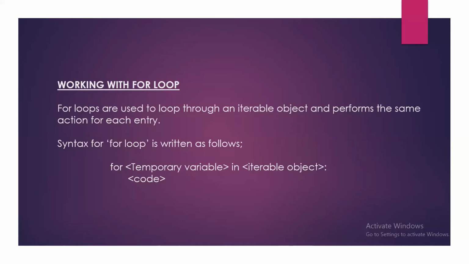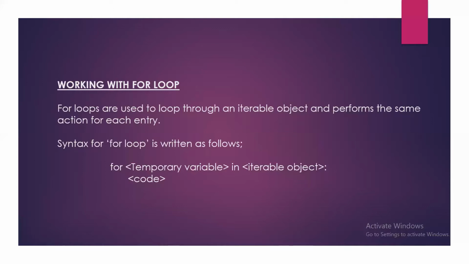Now we will discuss for loops in Python. For loops are basically used to loop through any iterable object in Python and perform a specific repetitive action on each item or entry of that iterable object.